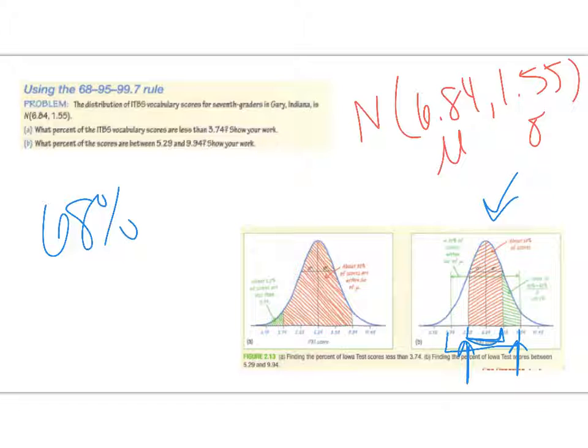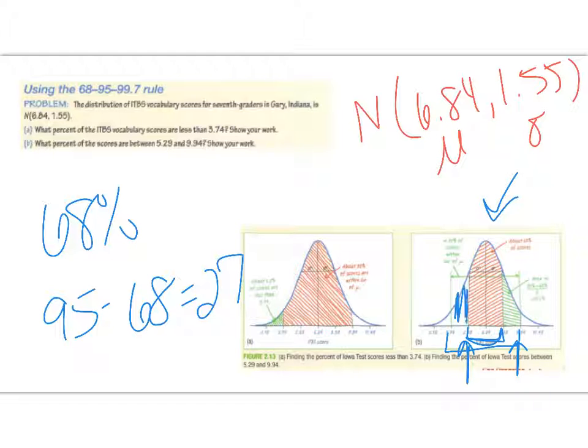So when I do 95 minus 68, that gives me 27. And so what that tells me is that this chunk here and this chunk here are 27%. But like before, I only want one of those. I didn't go 2 standard deviations below.